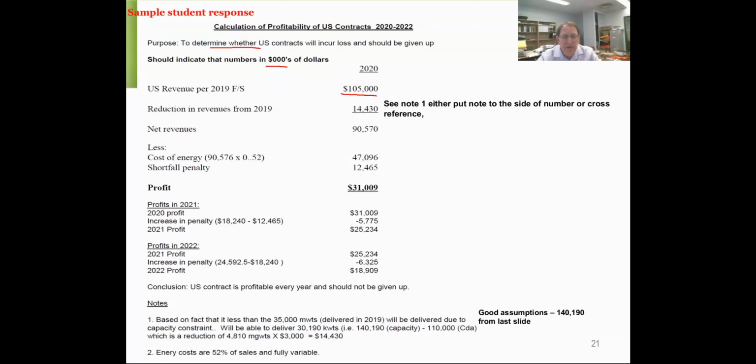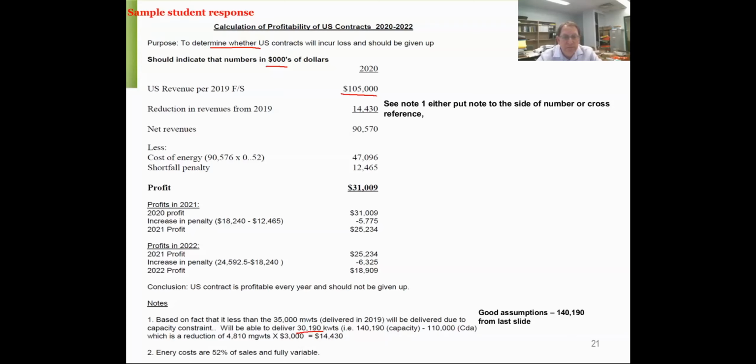So how many are you delivering? 30,190. That's because the capacity from my previous slide was 140,000. You have to fulfill the Canadian first. You got 140,000 capacity, you get rid of the Canadian, and you've got about 30,190 left.